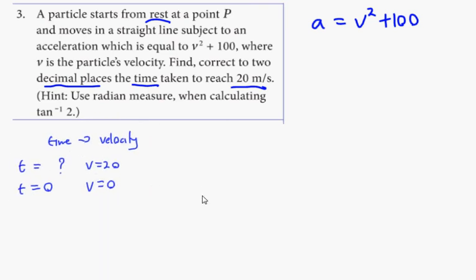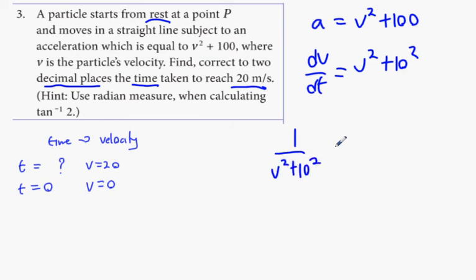Is that alright? So dv/dt ends up to be v squared plus, we'll change that to 10 squared, it'll come very obvious in a second, why. Bring it under, 1 over v squared plus 10 squared dv equals dt. Brought the t upwards, brought this downwards.